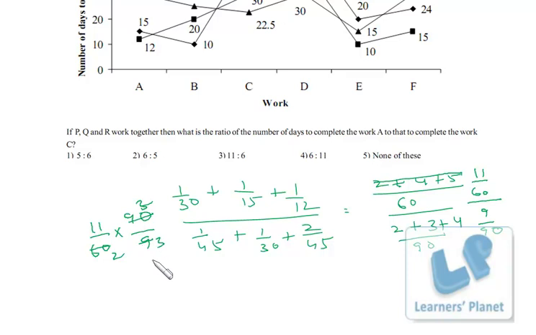So 11:6 is the ratio of 1 day work. So the entire work will be done in the ratio 6:11, right? So this is the correct one.